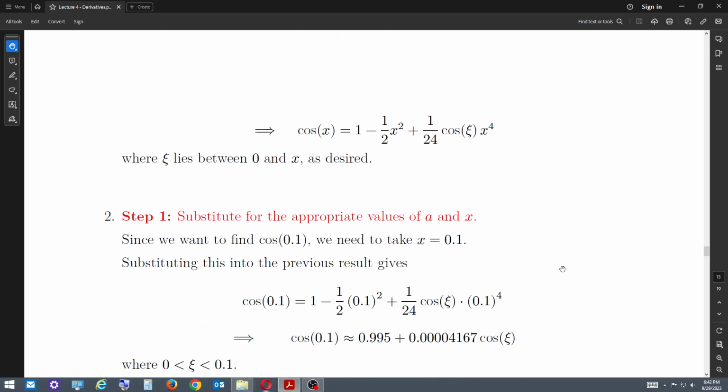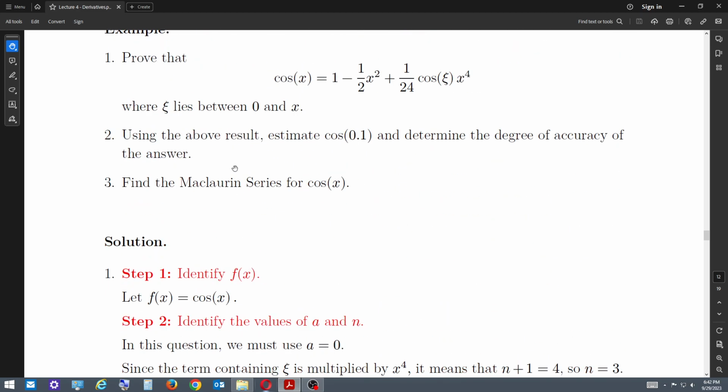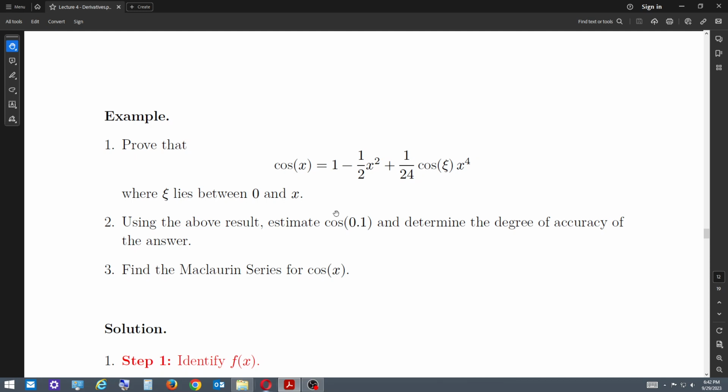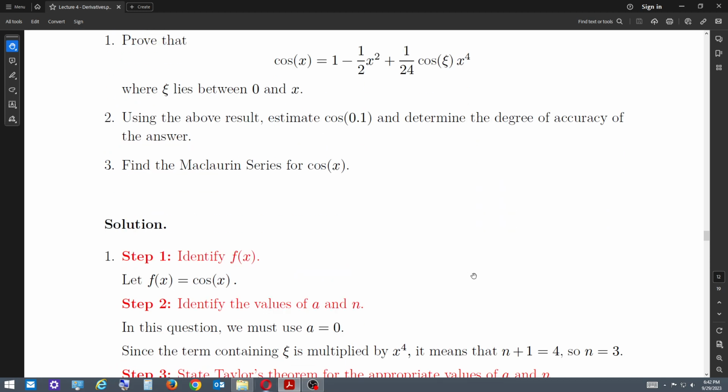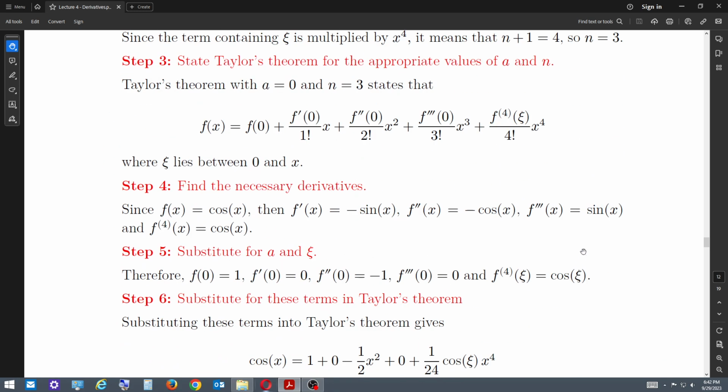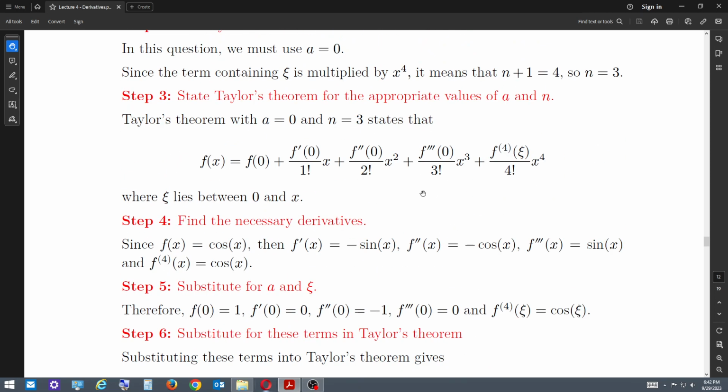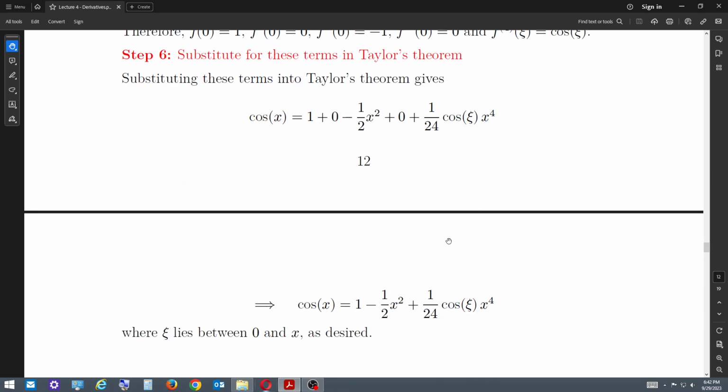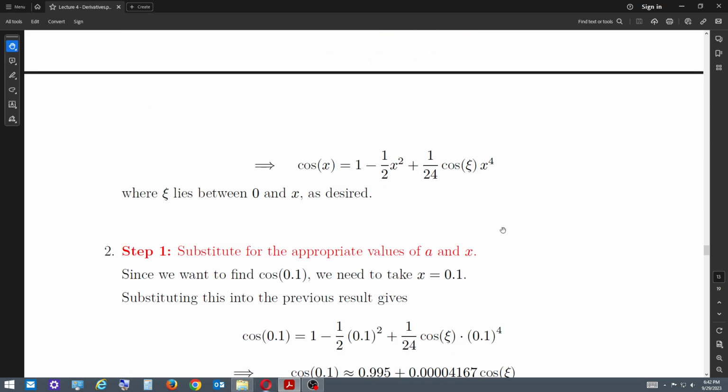Now the last part is to find the Maclaurin series for cos of x. What that involves is taking the terms of the Taylor polynomial and writing out basically the general term and then substituting a as 0.